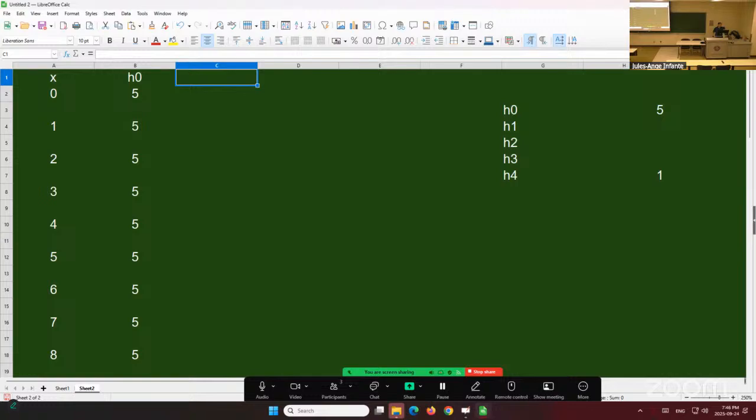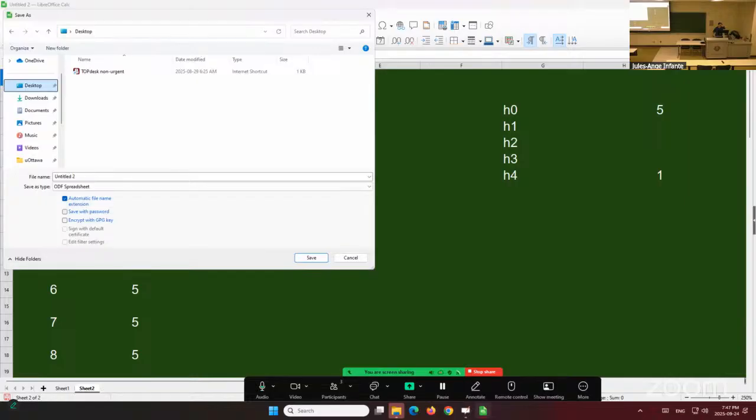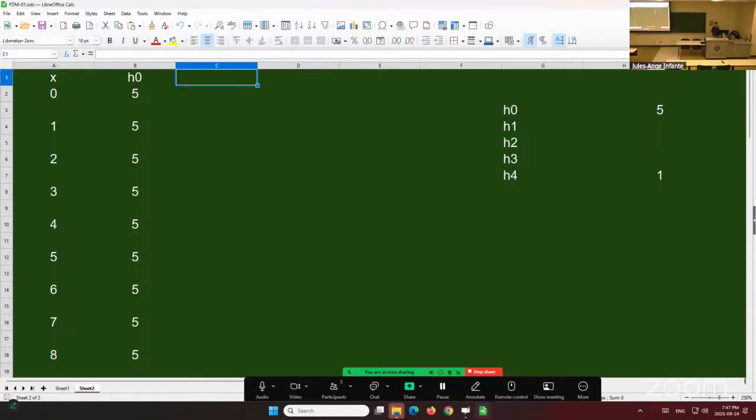So if I were to use this as a condition, let me save this just in case the program crashes. Find a different method. So what did we say?